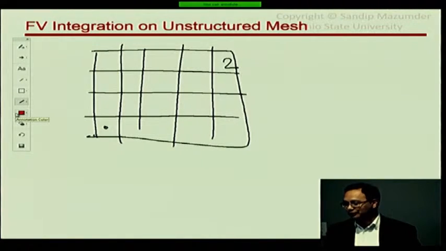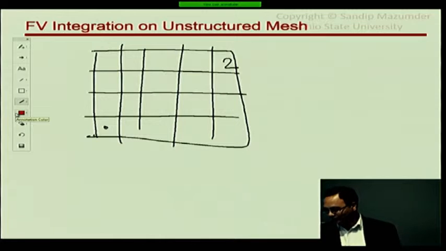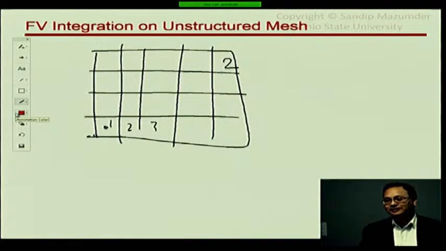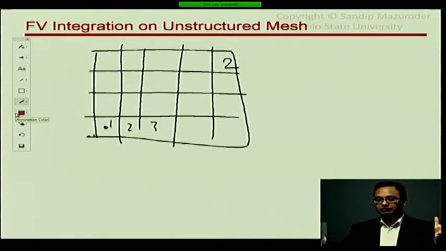That's hardly going to be the case. They are going to try to number it like 1, 2, 3 in some order. Even if it's a triangular mesh, it depends on how they've grown the triangles.